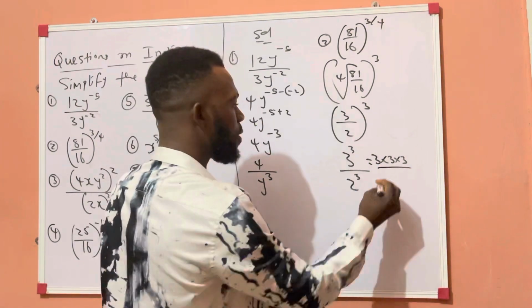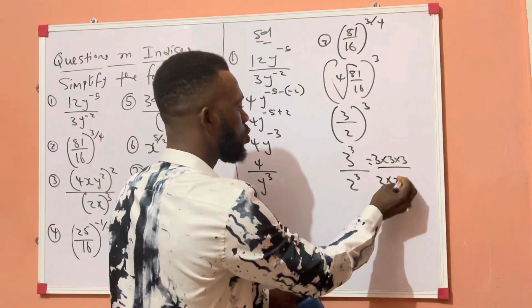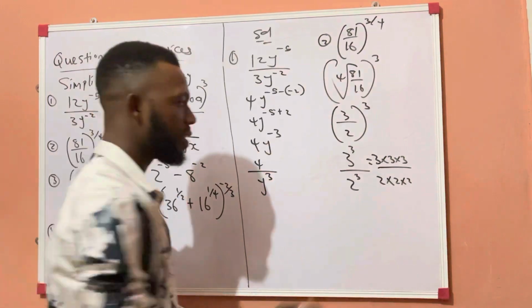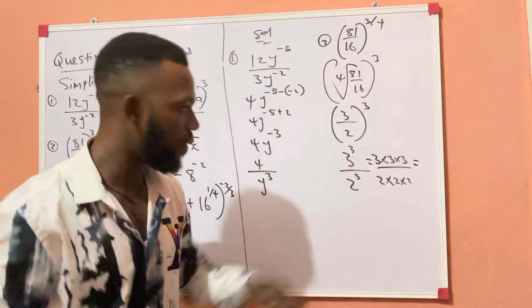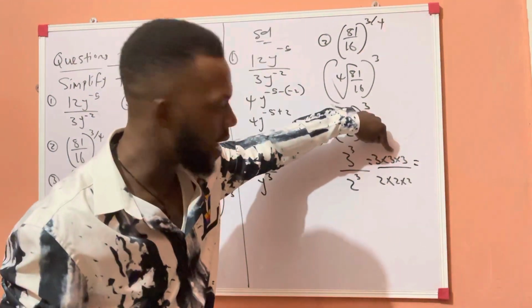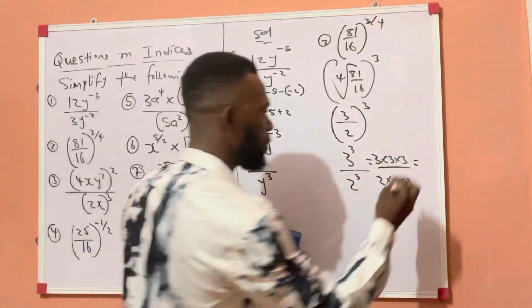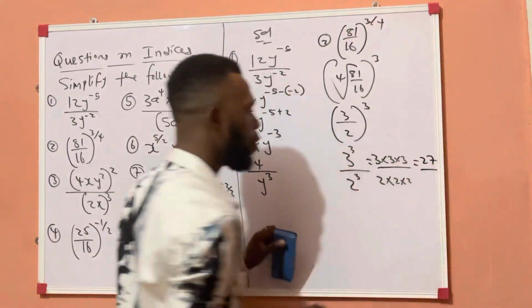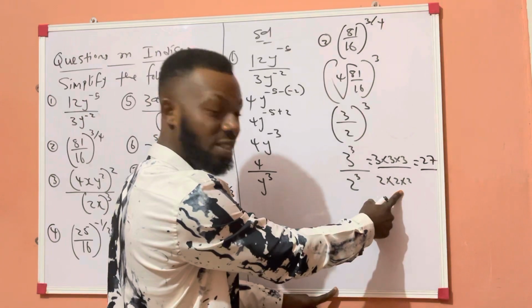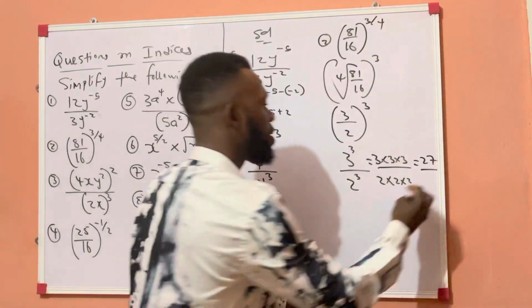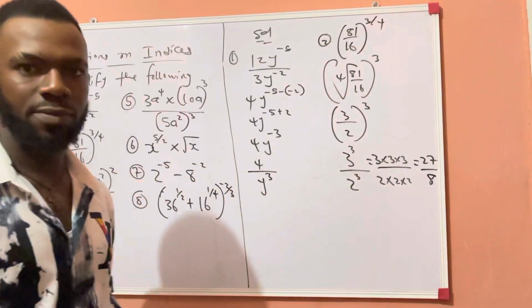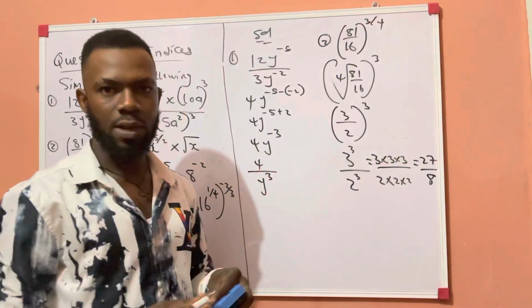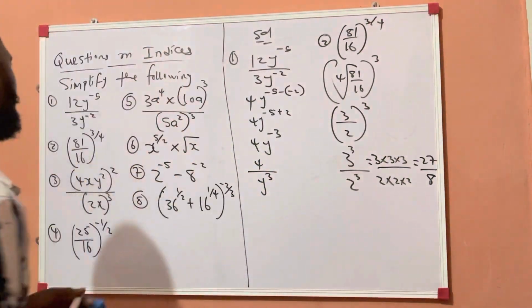And 2 raised to the power of 3 means 2 times 2 times 2, in 3 places. And automatically, what do we have? 3 times 3 gives us 9. 9 times 3 gives us 27. So here becomes 27 over 2 times 2 gives us 4, and 4 times 2 gives us 8. 27 over 8. So this becomes the answer when we solve question number 2.